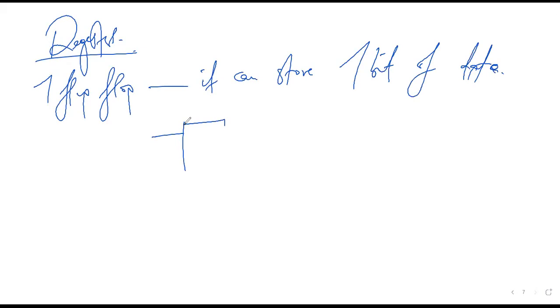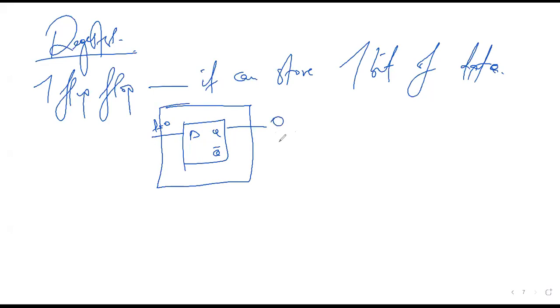Let's say this is a D flip-flop. If I want to store a 0 in a D flip-flop, I just put my initial state, D is equal to 0. Then the 0 is stored in here because the output will be 0. It means I've stored 1 bit of data.